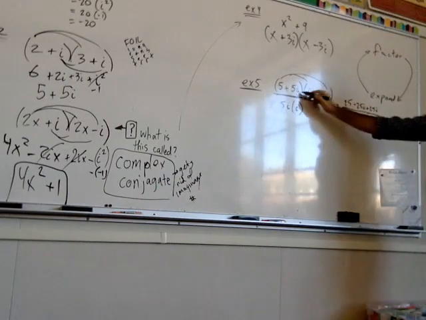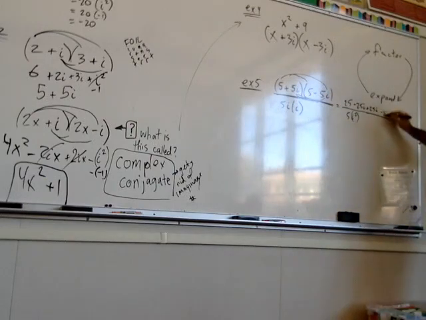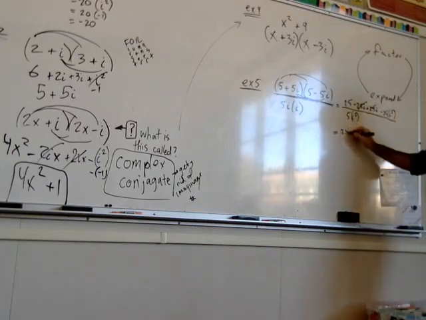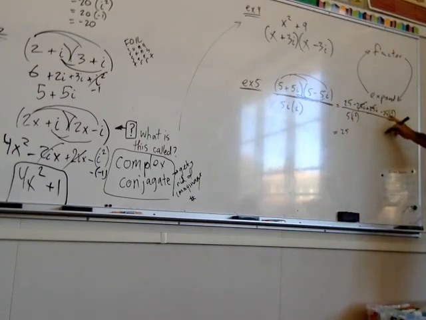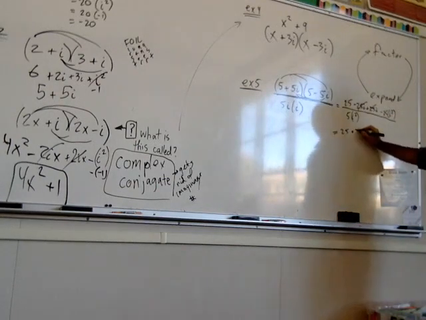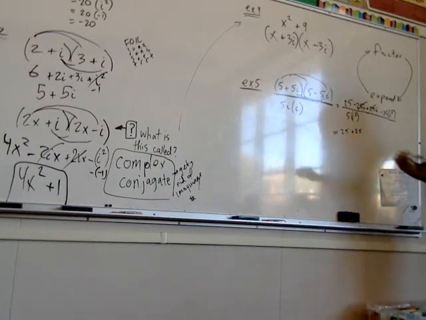And then last, we end up with negative 25 and then an i squared because it's 5i times negative 5i. Now watch. What happens to these two terms? Gone. We have 25 on top. What's i squared? Negative 1 times negative 25. Good. Negative times negative.